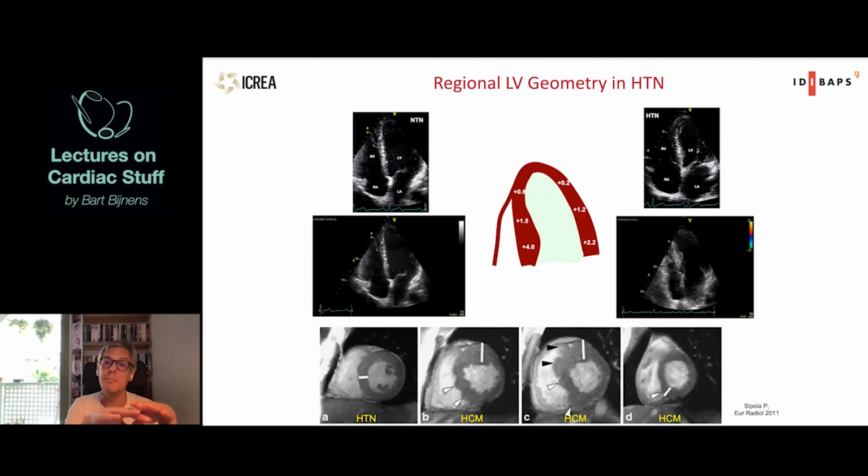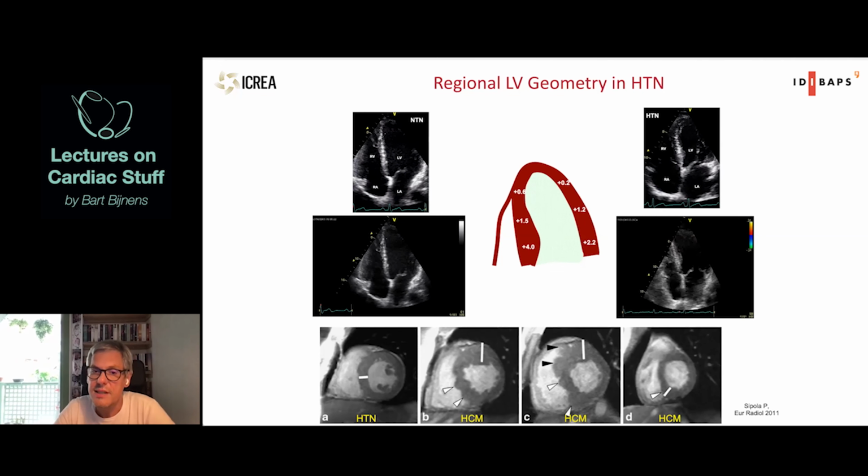That's also why in HCM you see a change over time. Young children with HCM have less hypertrophy and less problems. The older you become, the more remodeling you get and the more problems you get, predominantly also because you likely have a change in blood pressure over time.